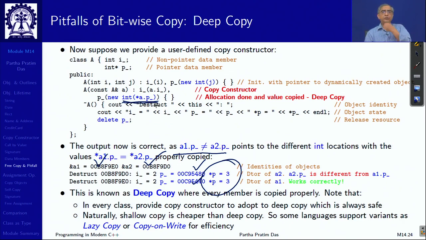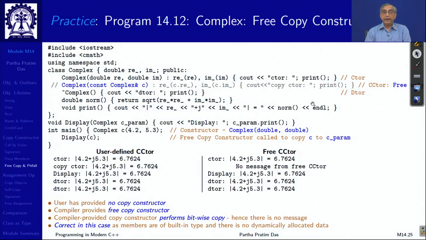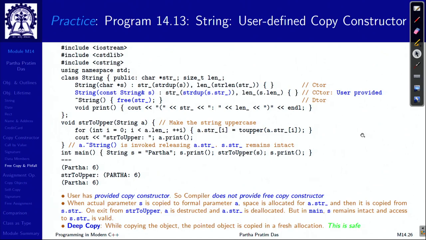There are alternate terms also which are used, some use lazy copy, some use copy on write. They are not exactly the same, there are semantic differences, and at an appropriate point I will explain that, but the whole idea of deep copy is to copy the pointed variable value separately with allocation. Again, practice examples are given here with the copy constructor, do carry out through them.